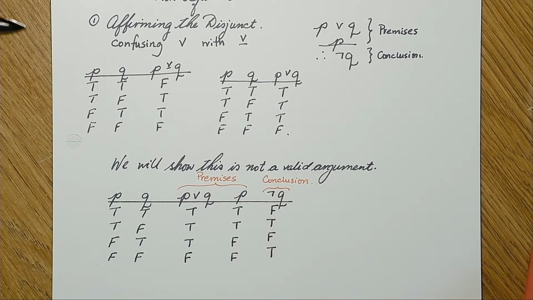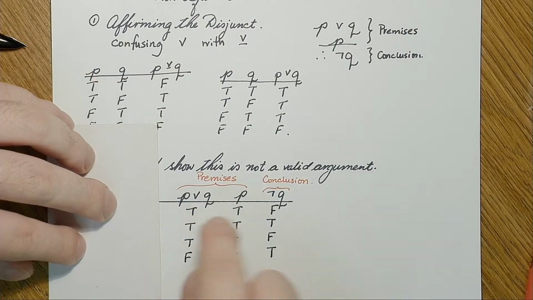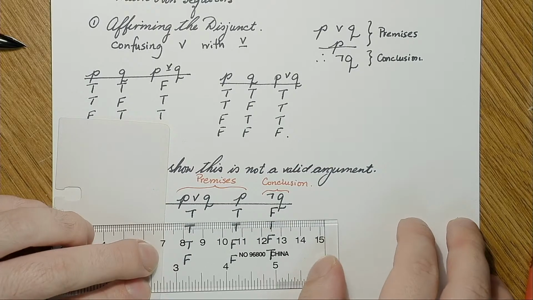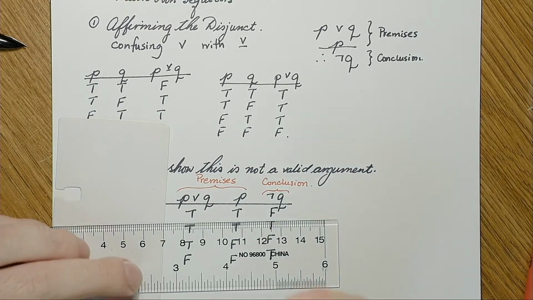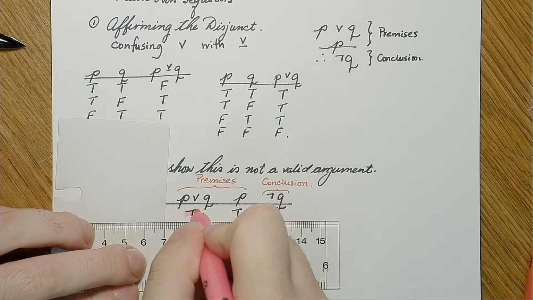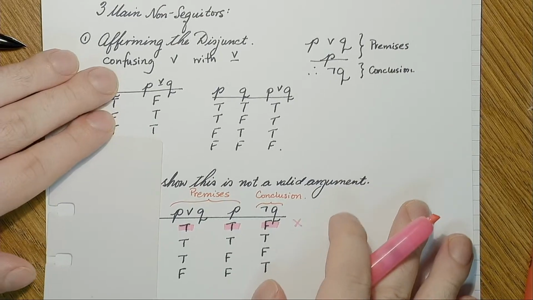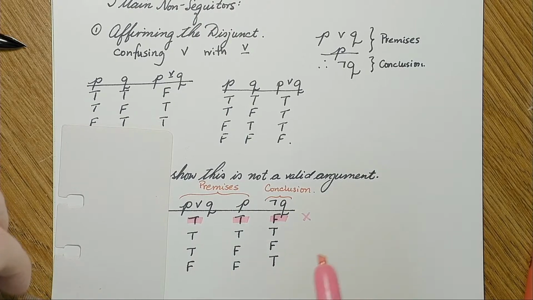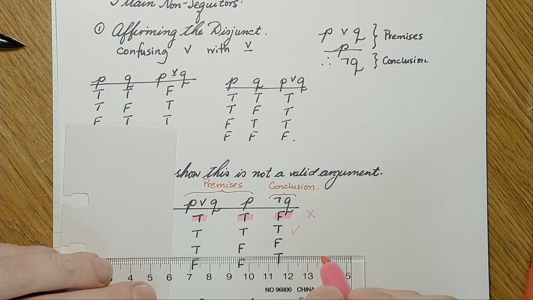We don't really look at the prime propositions. We look at the premises, and every time all of the premises are true, the conclusion should be true if it's a valid argument. Right on the first line, it fails. When you look down here, true, true, true, that's good.